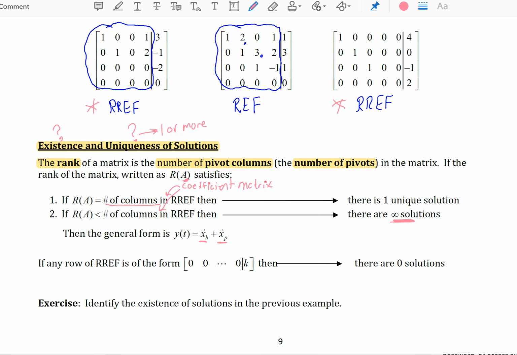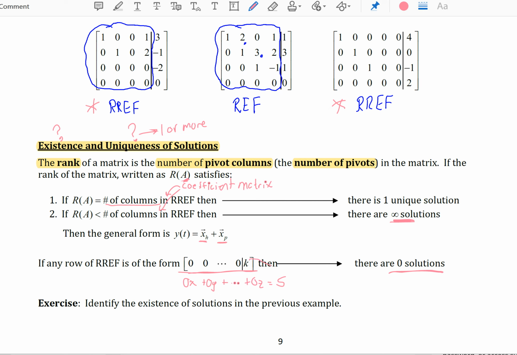If ever in your RREF matrix you see a row that looks like this, it means that there are zero solutions. And the reason is because this augmented matrix, if I rewrote it as a system, might look something like 0x plus 0y plus 0z equals 5.